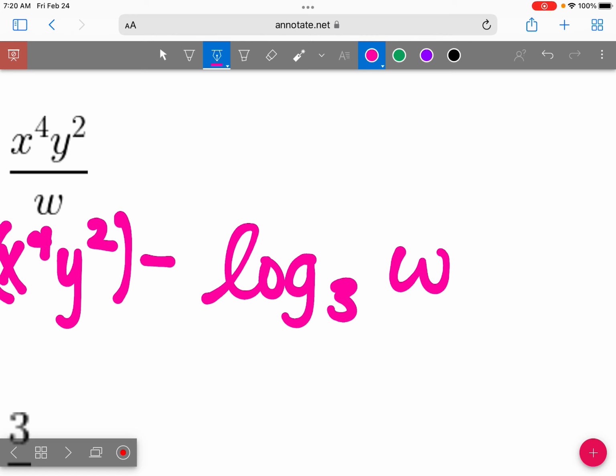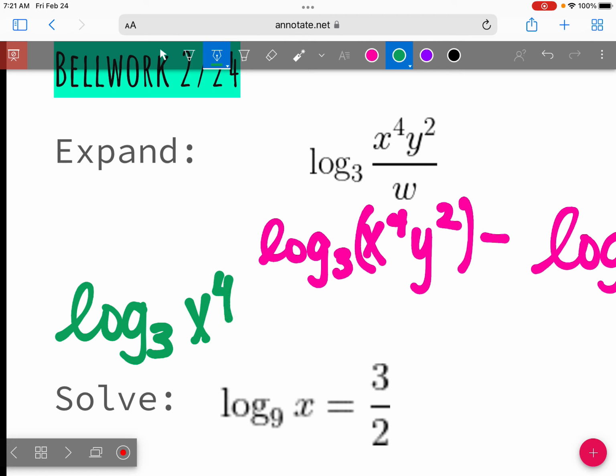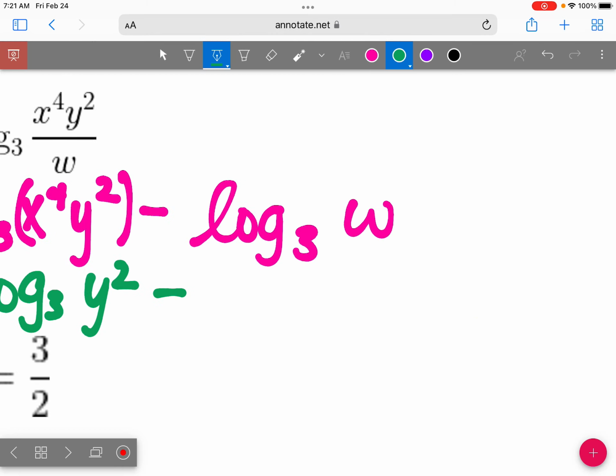And then what do we do? Right, multiplication to addition. So we get log base 3 of x to the 4th plus log base 3 of y squared minus log base 3 of w.